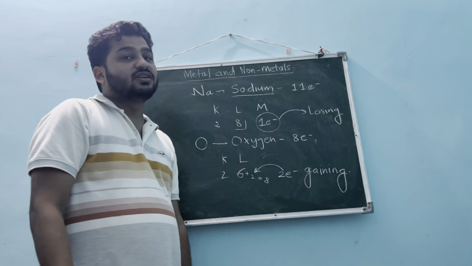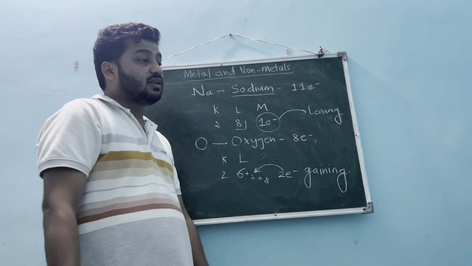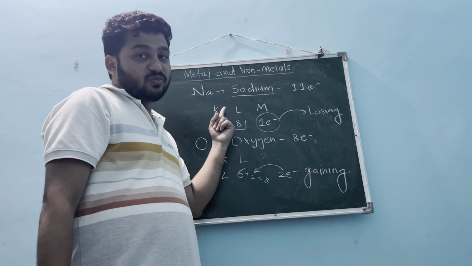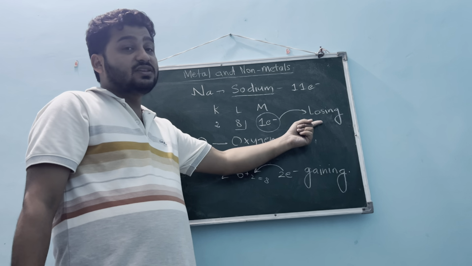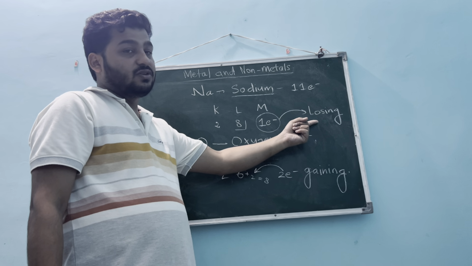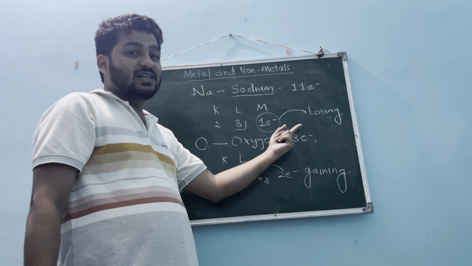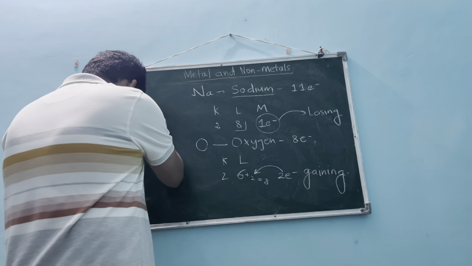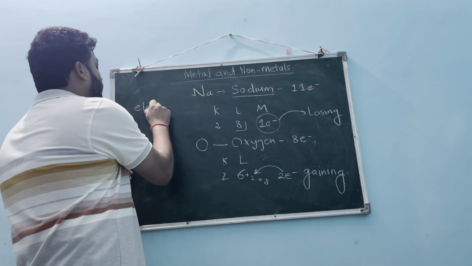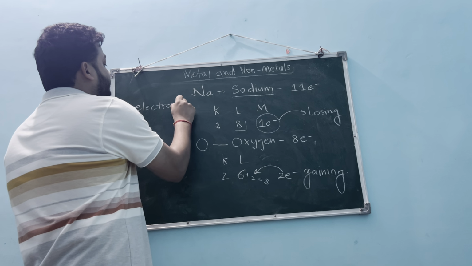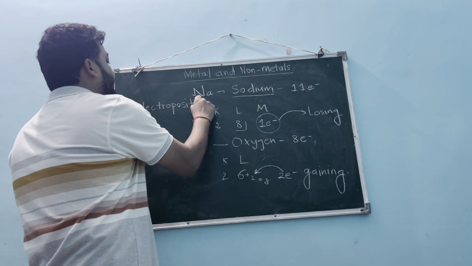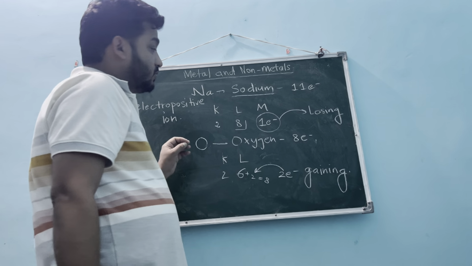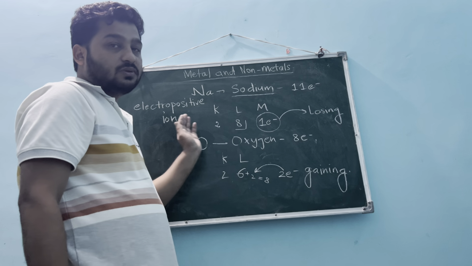And this is the major difference between a metal and a non-metal. Now someone asks you what are metals. Metals are the elements that lose electrons from their outermost shell and form an electropositive ion. I'm writing it here, electropositive ion, because the board is small, so I'm not writing the whole definition.